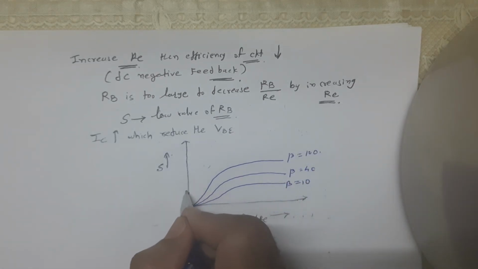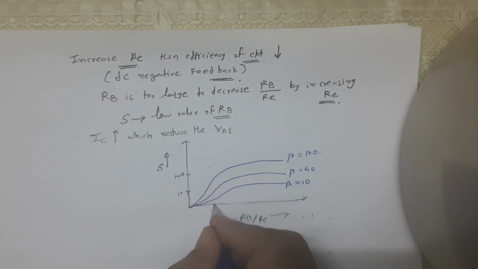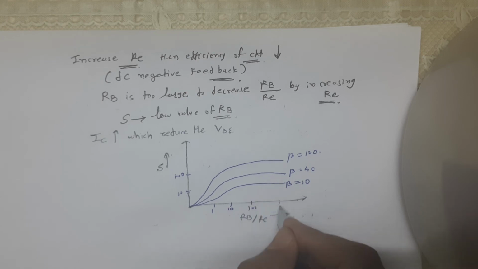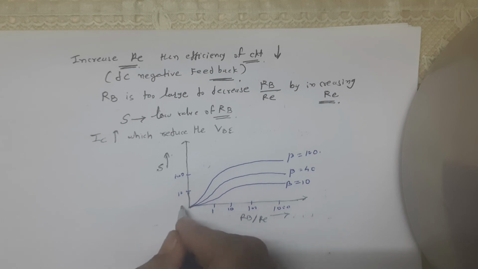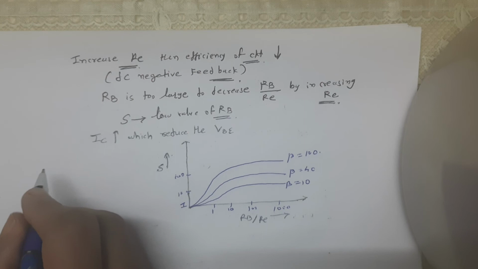We consider that this is 1, 10, 100, and we can say 1000. So in this way we can draw the graph of stability factor S versus RB upon RE.